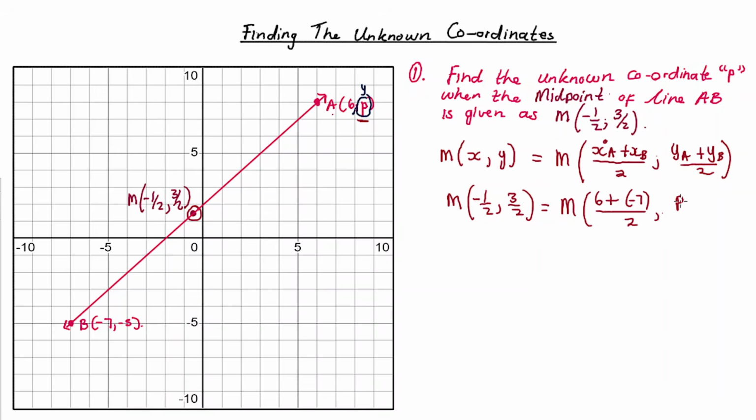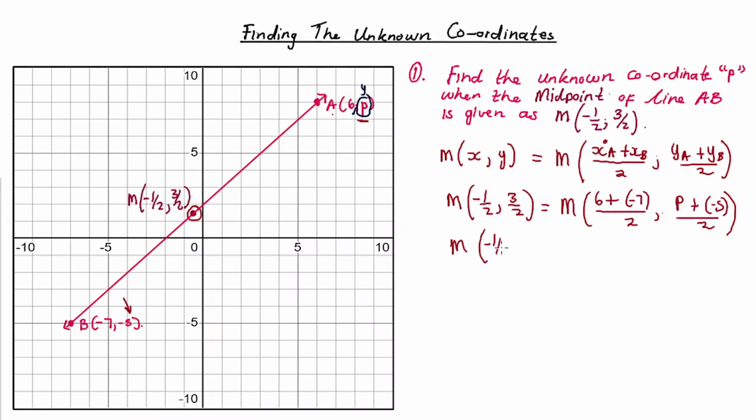It's the P, YA, it's the P, plus what is YB? It's negative 5. Don't forget, if you don't see this clearly, the y coordinate for B, it's minus 5. So y coordinate for B, it's negative 5 divided by 2, close the bracket.